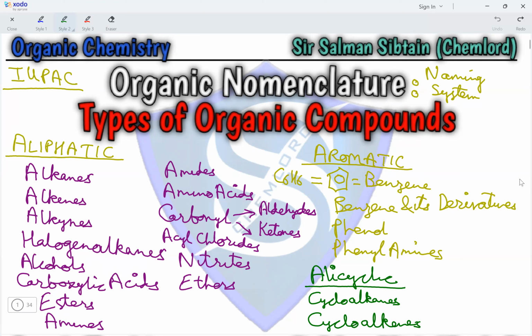Now, a functional group is the group that gives property to an organic set of compounds. So, alkanes and cycloalkanes have the same functional group, but the term cyclo refers to the alkanes being in a cyclic structure. Similarly, alkenes and cycloalkenes will have the same functional group, but cycloalkenes will be structured in a cyclic form. So these are the compounds that we will go over in detail one by one.